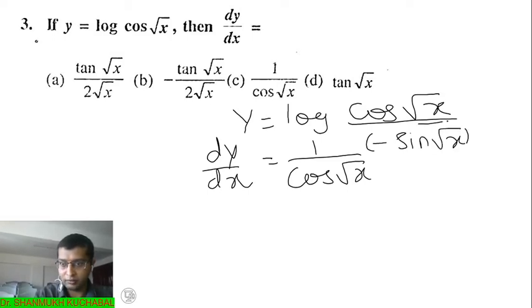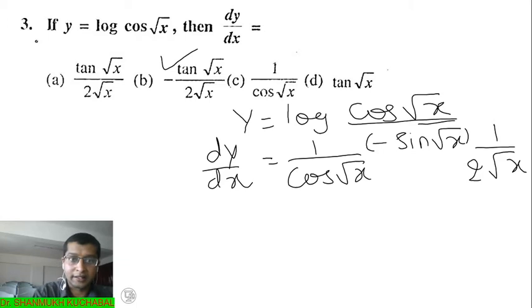Then root x differentiation is 1 by 2 root x. So what we have done: log of a function differentiation is 1 by the function, cos differentiation is minus sin root x, root x differentiation is 1 upon 2 root x. Sin by cos is tan, so we get minus tan root x divided by 2 root x. Therefore B is the right answer.